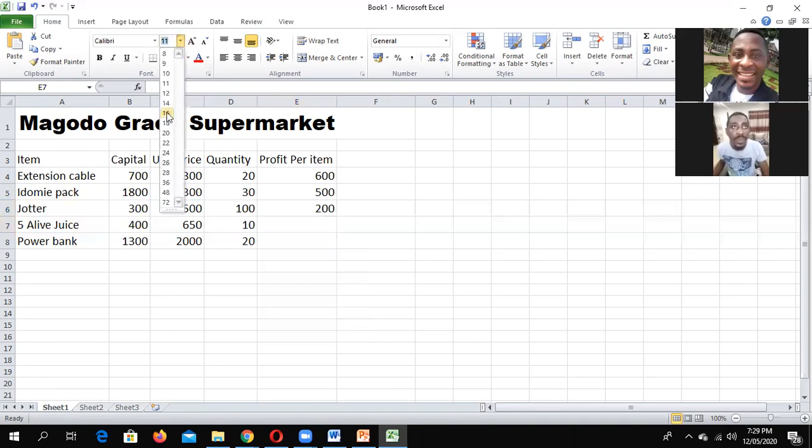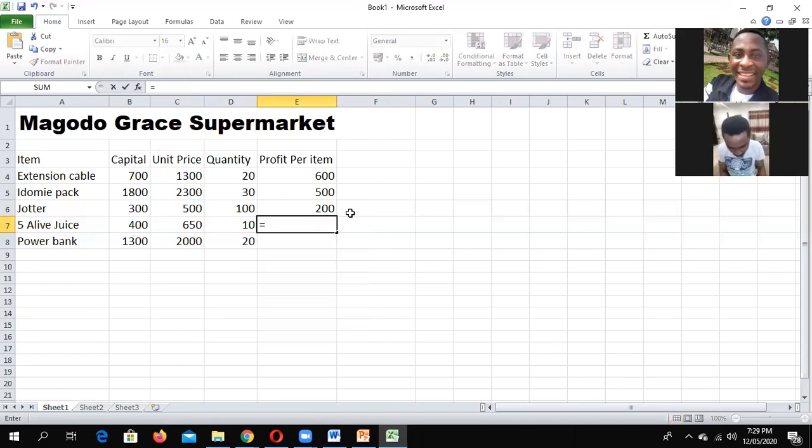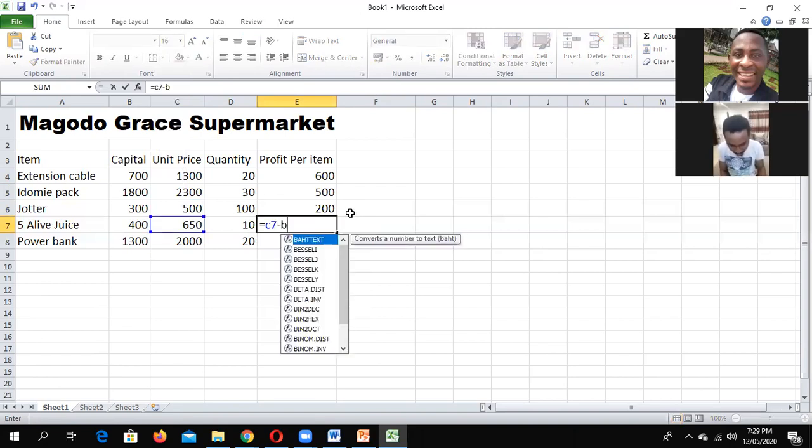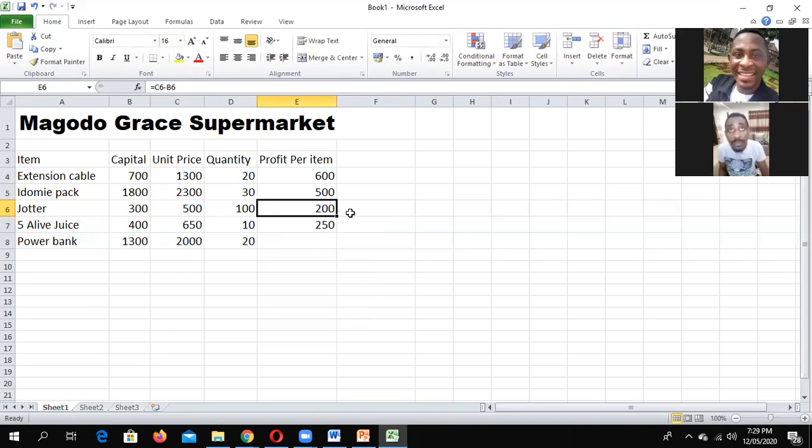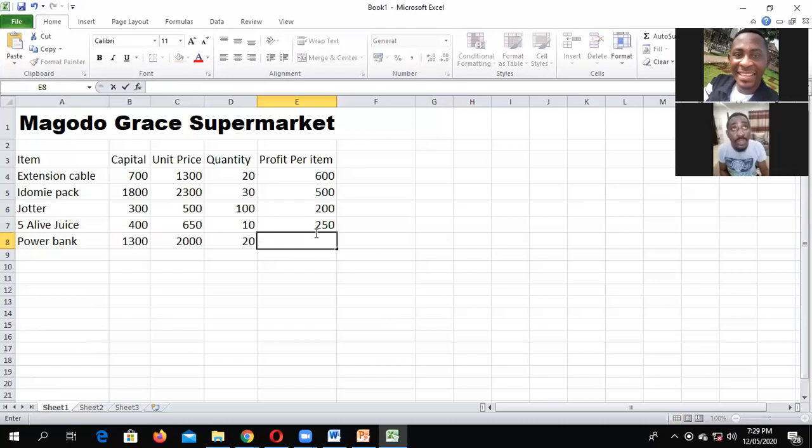Then we'll go ahead to do the remaining ones. We'll say equals to C7 minus B7. They made 250 on 5 Alive, just 1 unit of 5 Alive. Then power bank, we will say equals C8 minus B8.